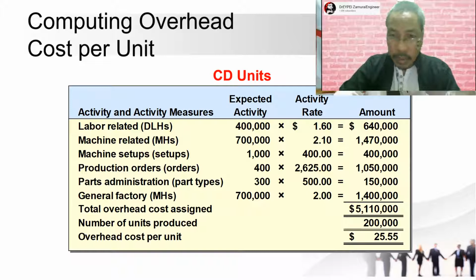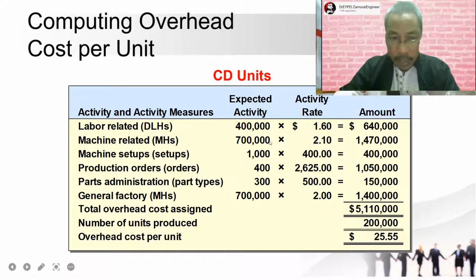Because many CD units are produced, the labor is also times 4. That's why our amount for the first one, which is 640, is actually times 4 of the amount for the DVD, which is 160.